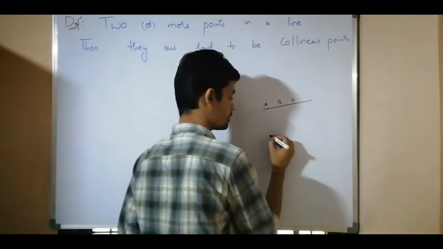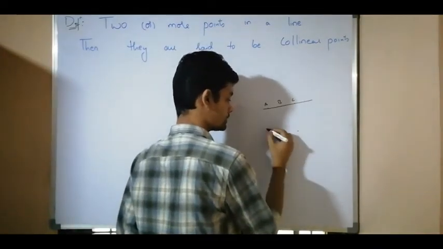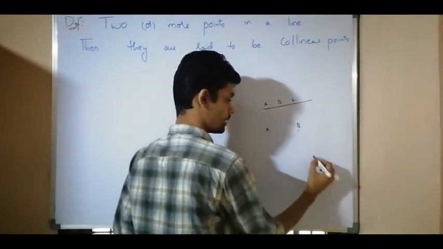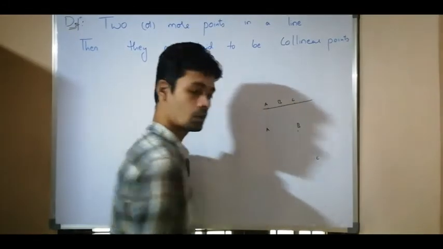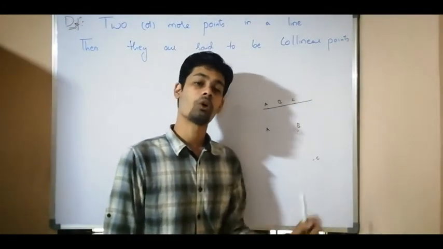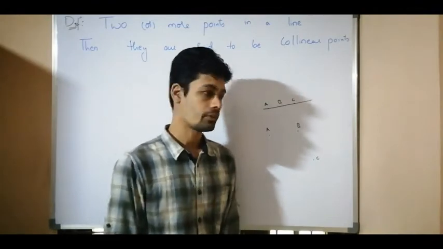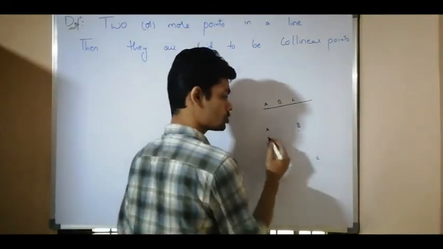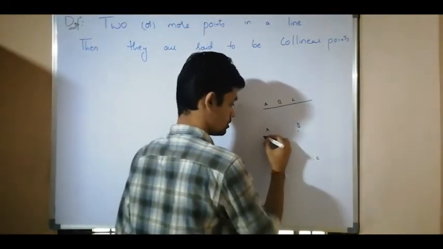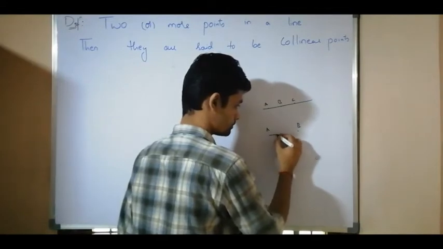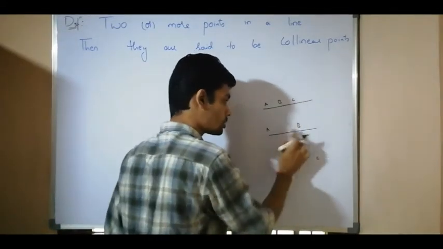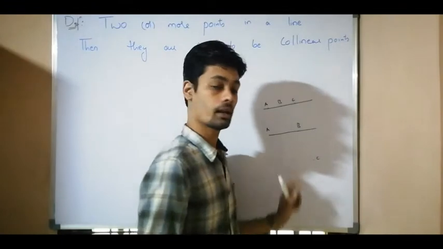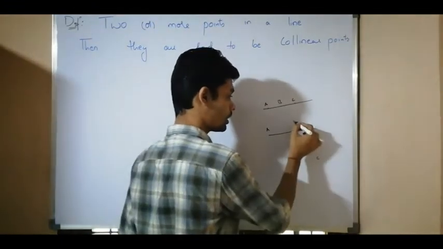If I take 2 points A, B and C is here, these 3 points are not collinear. If I join AB, both the points lie on one line, but the third point lies on another line.